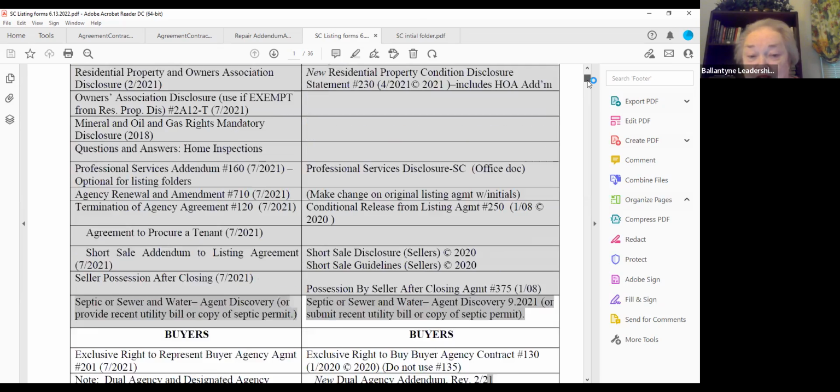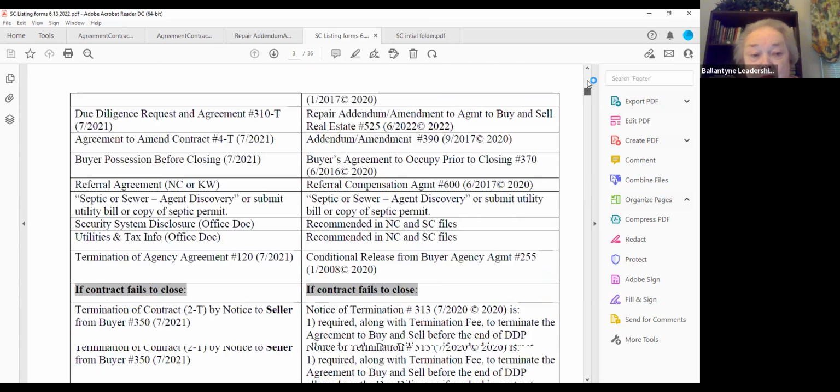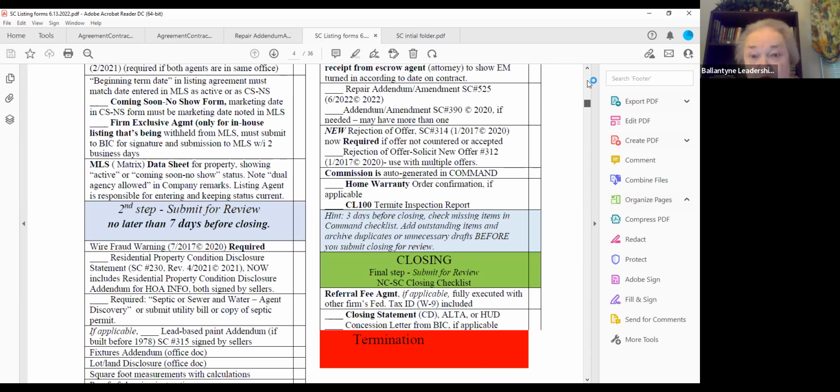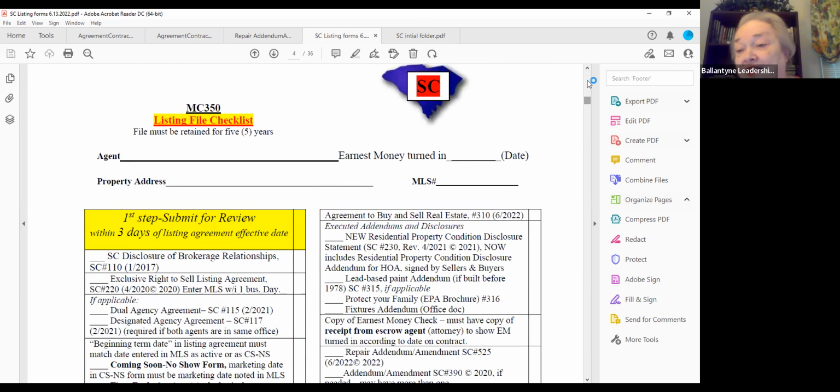Now let's go down to the next form. This is your listing file checklist. I'm going to show you in a moment. We also have a listing sale checklist. Okay, this is the listing checklist. This is the one that we use in the market center as far as having something in print.